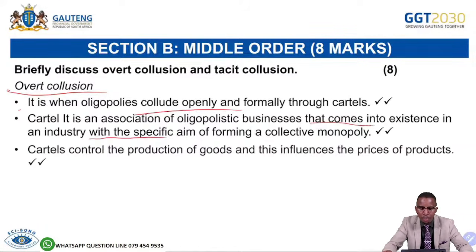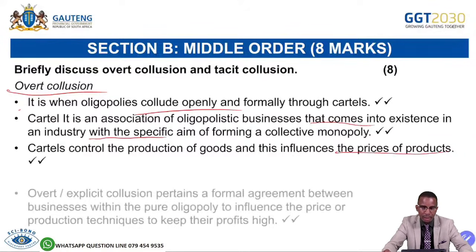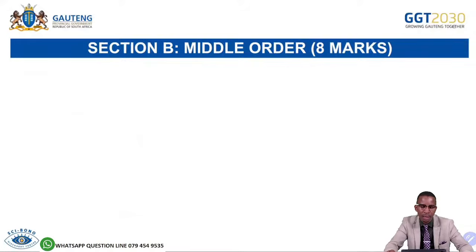So cartels control production of goods, and this influences the prices because they become a monopoly indirectly while they are competitors. And then overt or explicit collusion entails a formal agreement between businesses within the pure oligopoly to influence the price or production techniques to keep their high profits, even in the long run.